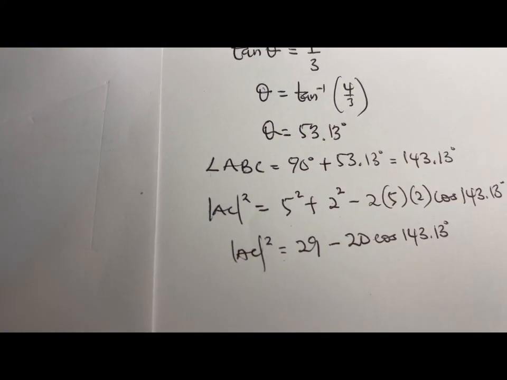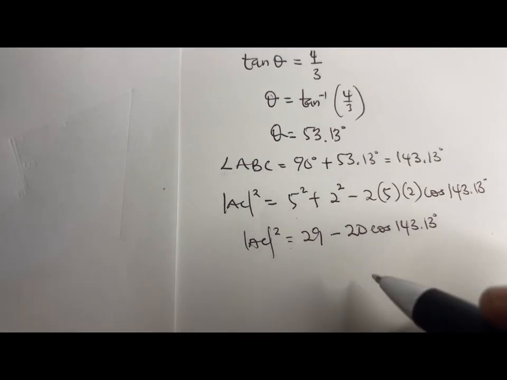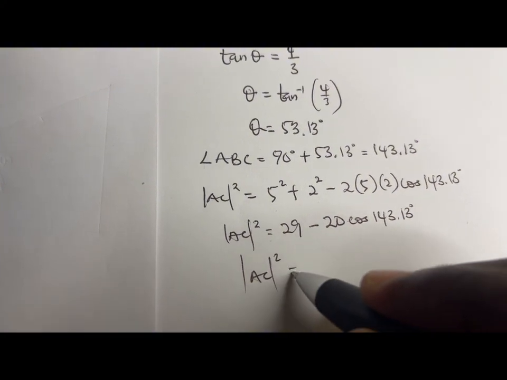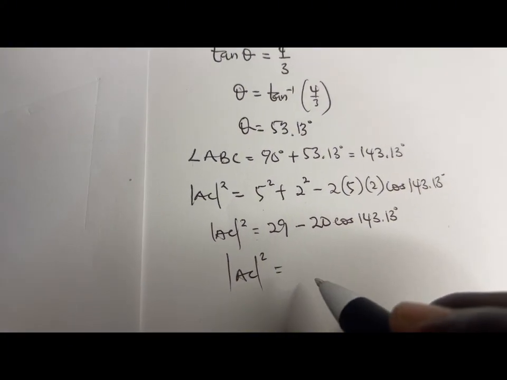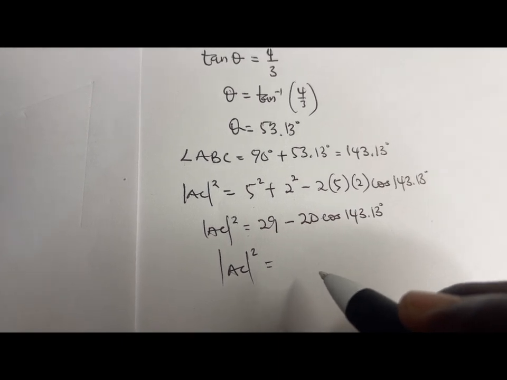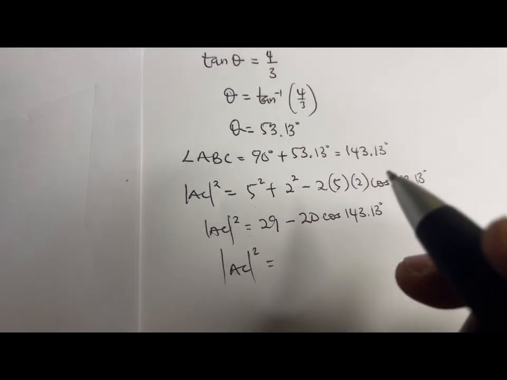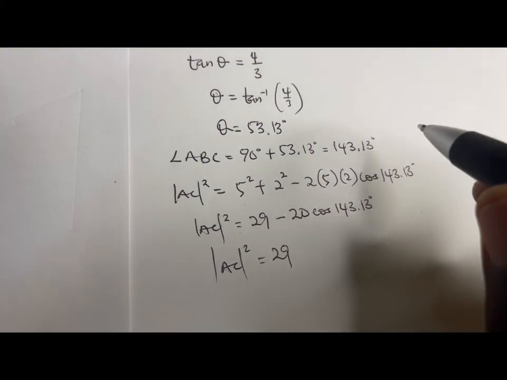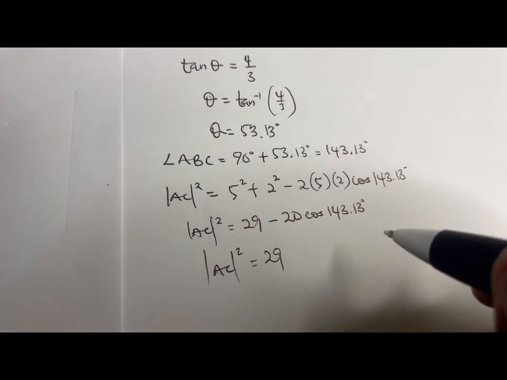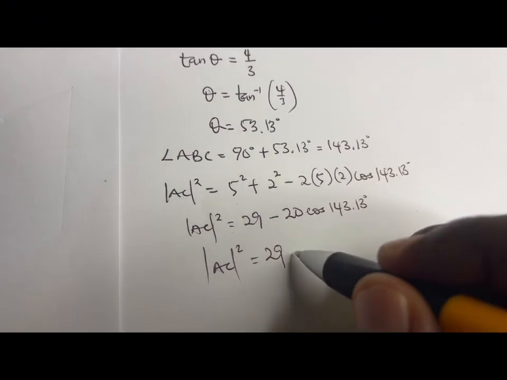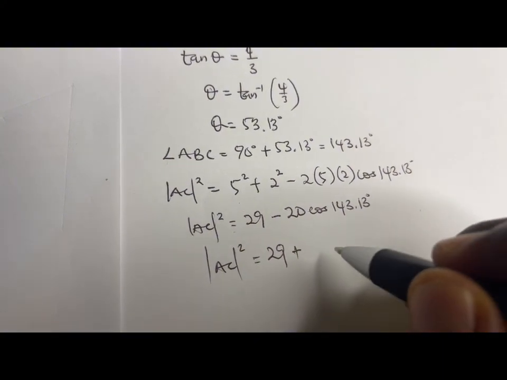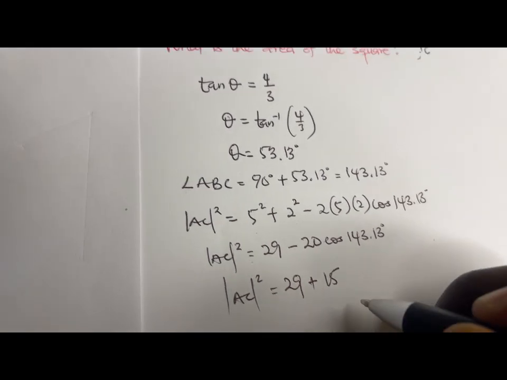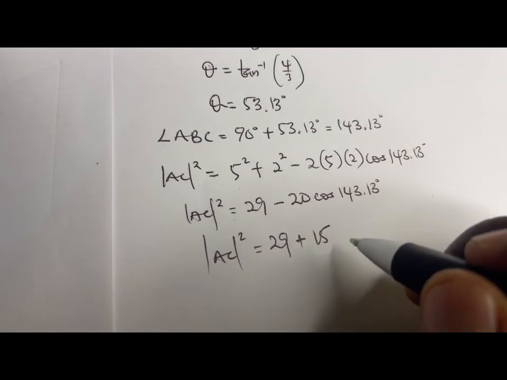So you have AC square equals 29 plus 15.9999, so it's 16, so we can make it 16.